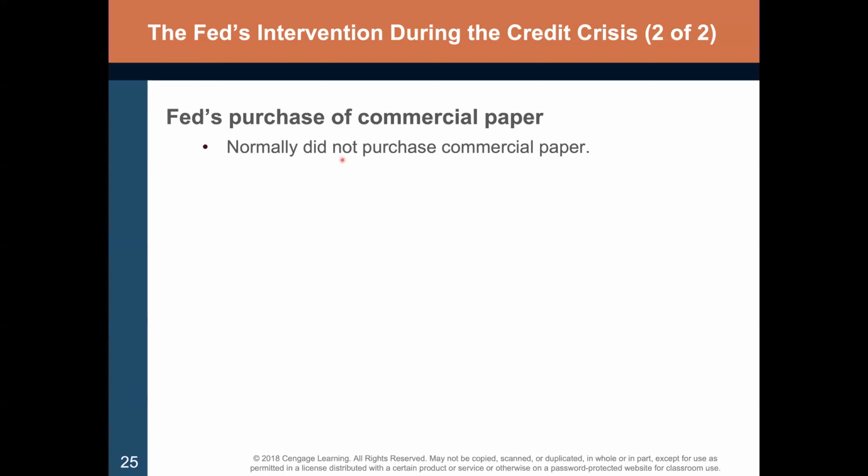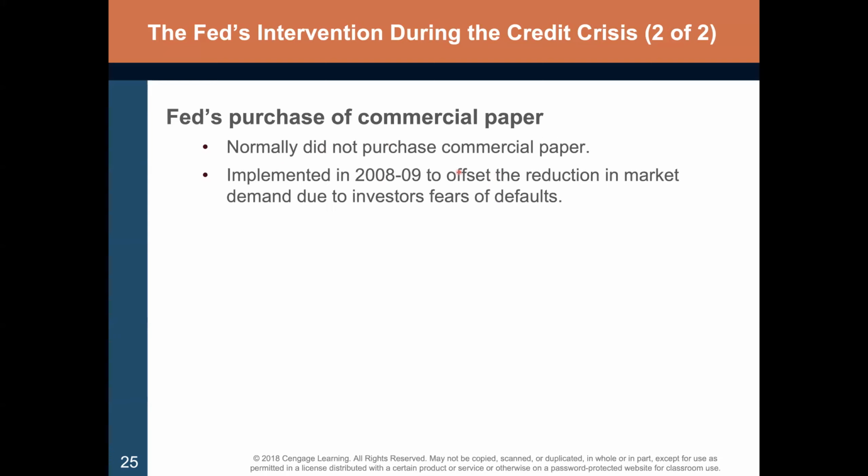Normally the Fed did not purchase commercial paper, but in 2008 to 2009, they implemented this to offset the reduction in market demand due to investors' fears of defaults. Investors started to fear that the companies that issued the paper wouldn't be able to pay it back, so the Fed started purchasing commercial paper to help prop up the market.